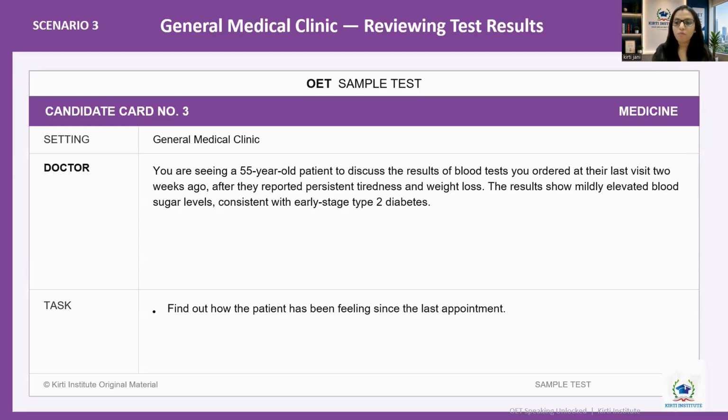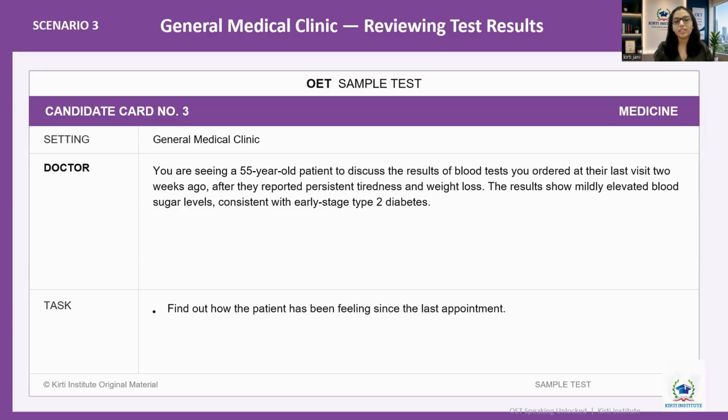The results show mildly elevated blood sugar levels consistent with early stage type 2 diabetes. So you now can understand what the scenario is. The patient is coming to understand the result of the investigation, and maybe later in the interview you will be discussing the outcome, like early stage of type 2 diabetes, but in this lesson we are discussing how to open.